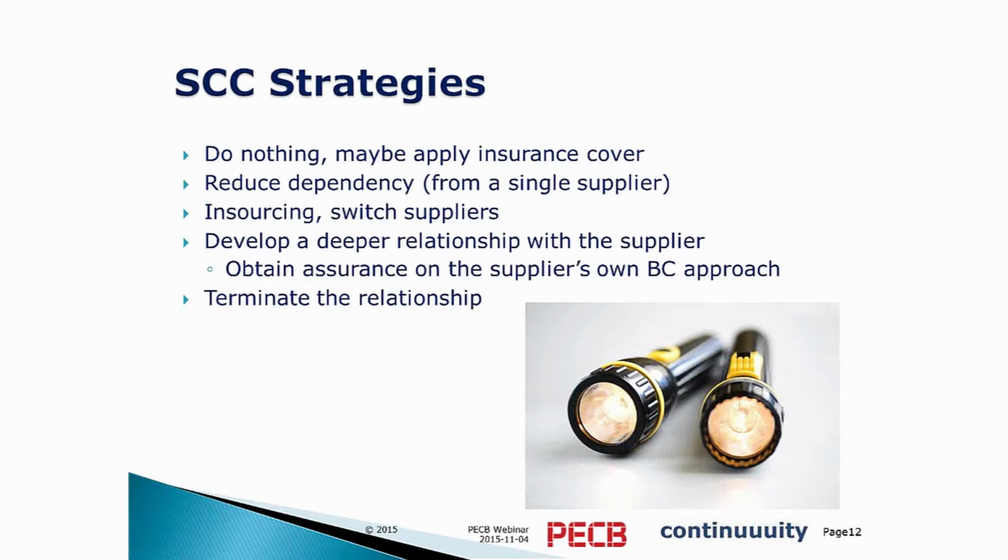The main issue probably is to reduce the dependency. As I said, if we've got more than one supplier, if we've got more than one resource for this critical business process, we can probably switch. And maybe with some contracts or with enhancing stock levels, we may create a strategy which reduces dependency.